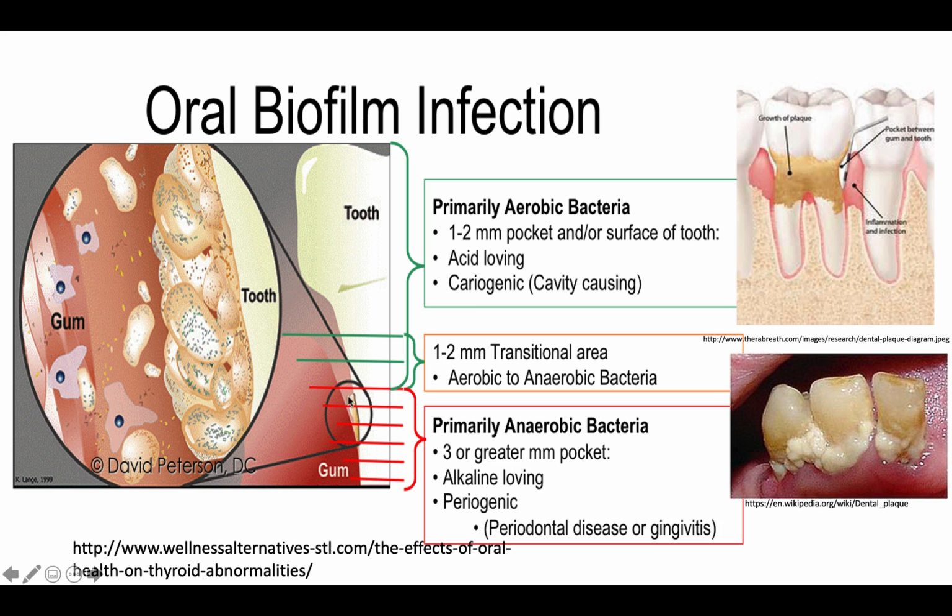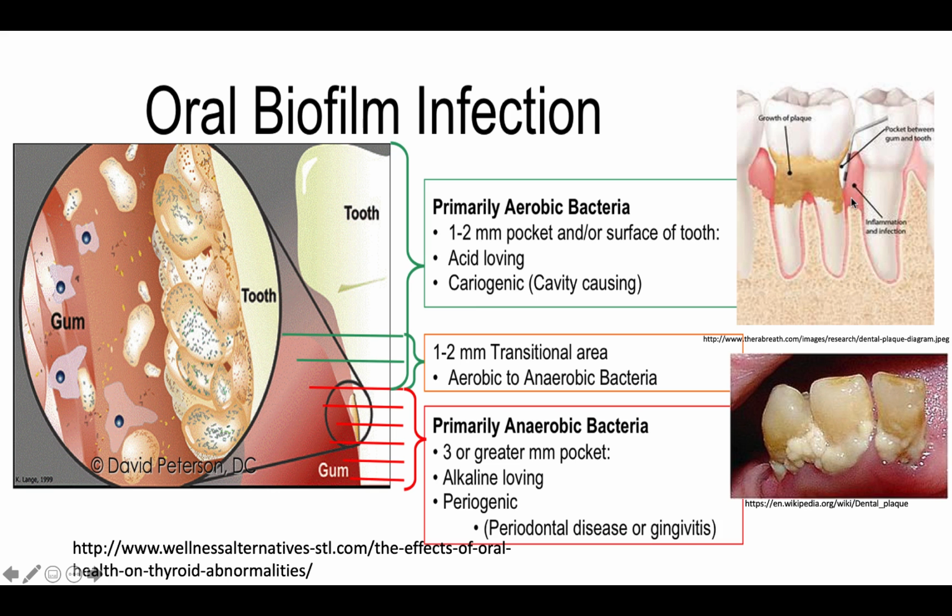Here they consume the oxygen, and then below, the oxygen concentration is low enough for primarily anaerobic bacteria to live. Above here the acidity level will be higher than here, and then the pH will rise as you go down. So we are adding to the story the biofilm formation.